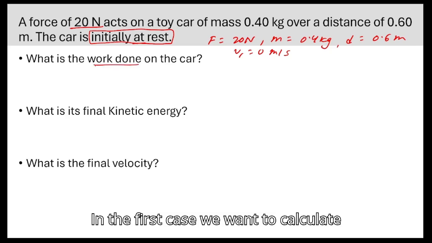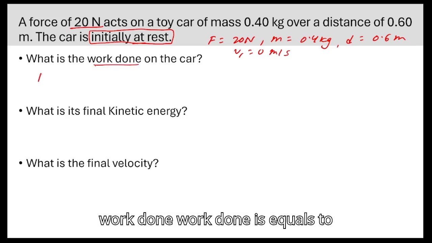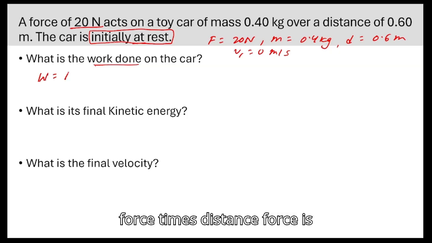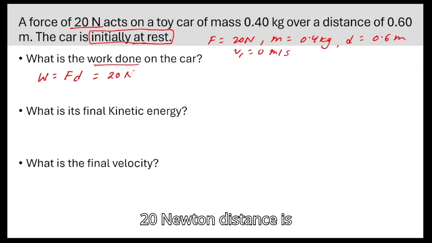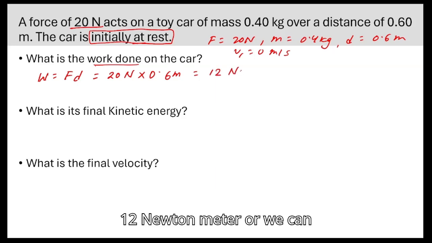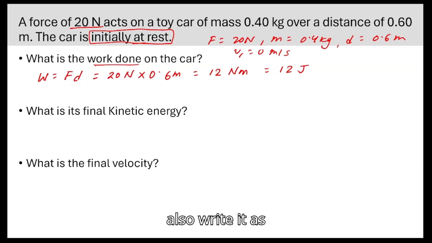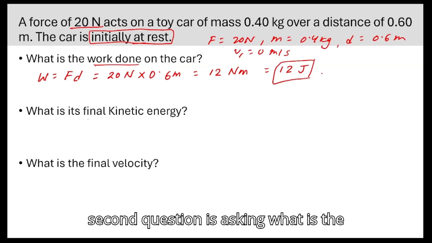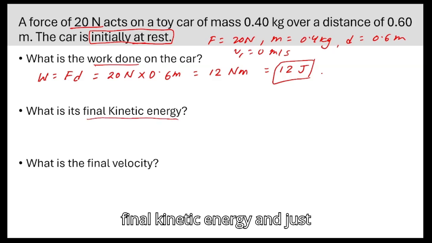In the first case, we want to calculate the work done. Work done is equal to force times distance. Force is 20 Newton, distance is 0.6 meter, so this is 12 Newton meter, or we can also write it as 12 joule.